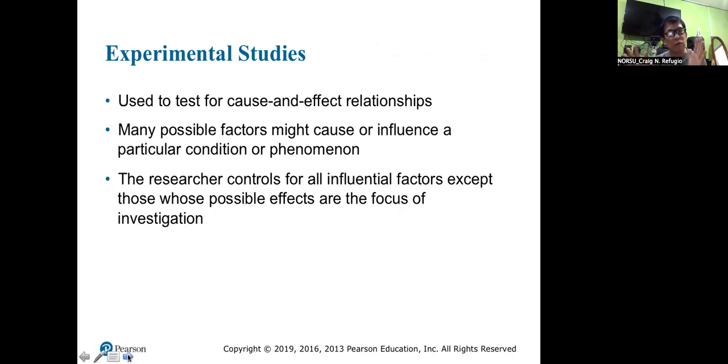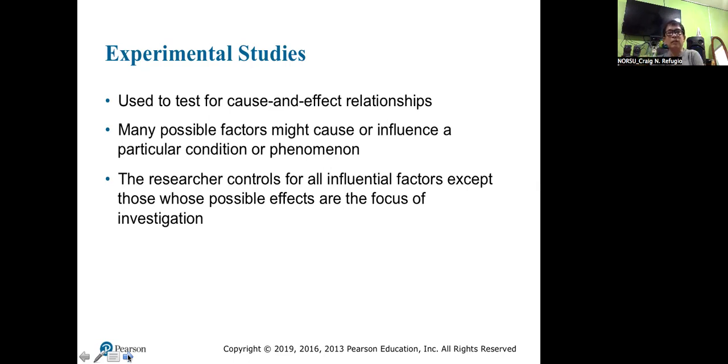So if your focus is on cause and effect relationship, then you go into experimental studies. In my previous video, I mentioned correlational study, and it's not actually for cause and effect relationship. It's only for a relationship, but it does not mean cause and effect. So take note of that caution for correlational studies.